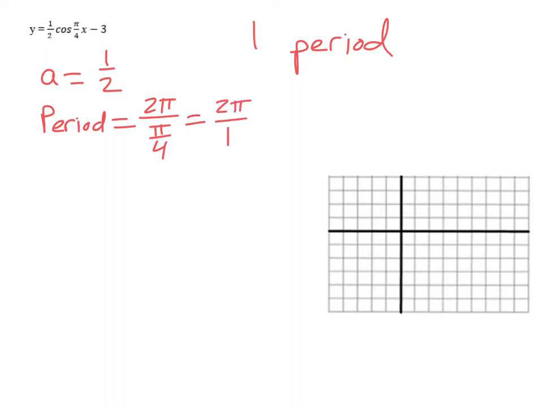We saw yesterday if our value for b has pi in it, it means that our period is getting changed to something that is not in terms of pi, like 8.